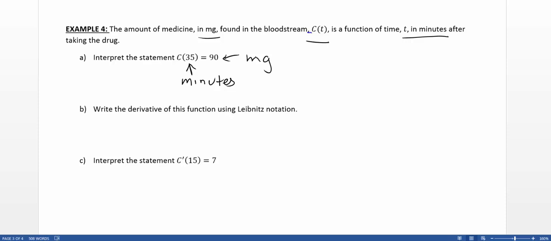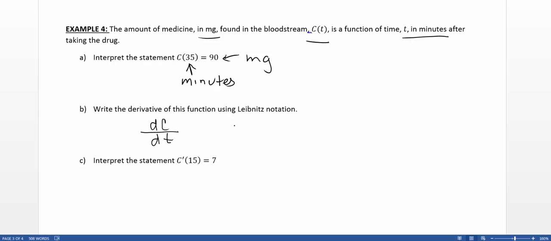Part B, write the derivative of this function using Leibniz notation. So Leibniz notation says we're going to have the derivative of the dependent variable with respect to the independent variable. So we're going to have dC dt. That's going to help us in part C figure out what the units are going to be. So part C says interpret the statement C prime of 15 equals 7.